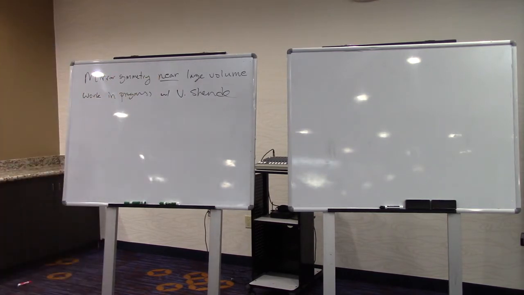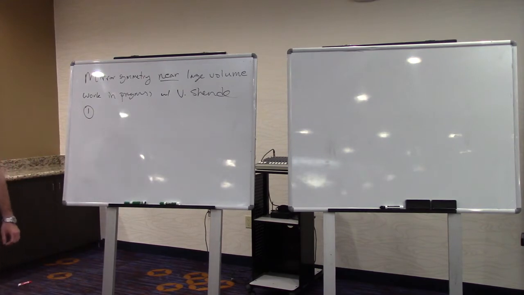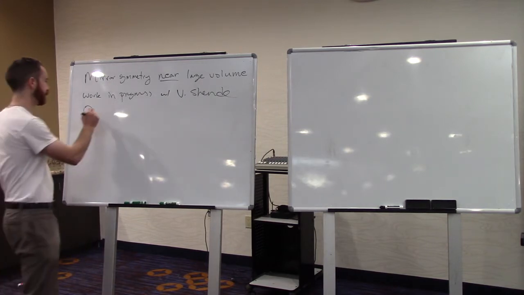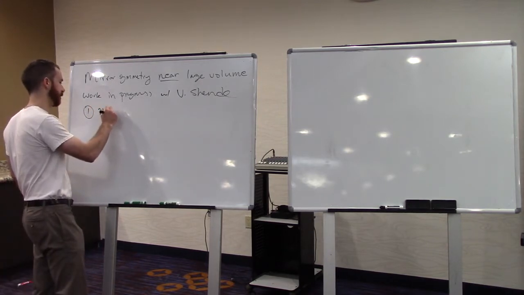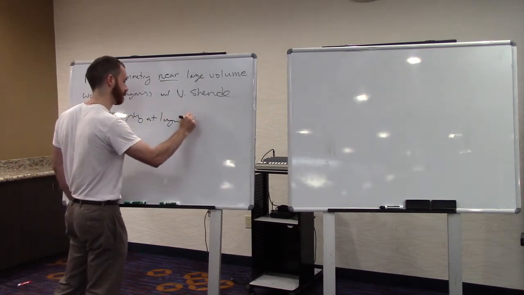I'll probably spend the first half of my talk explaining a generalization of my previous work with Vivek that as a result produces a mirror symmetry equivalence at the large volume limit point. So part one of my talk is going to be mirror symmetry at large volume.